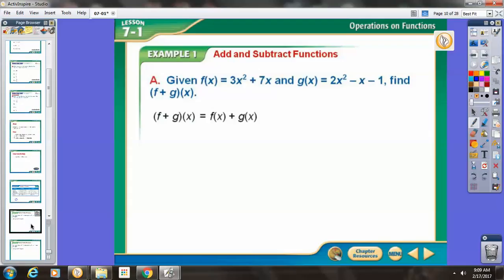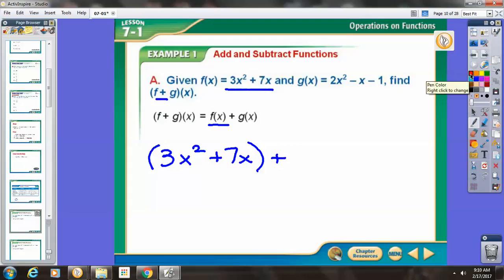There's a plus sign. So we know we're adding. Let's take our f function and add it to our g function. Our f function is right here. So we're going to take 3x squared plus 7x. And we're going to add to that our g function.